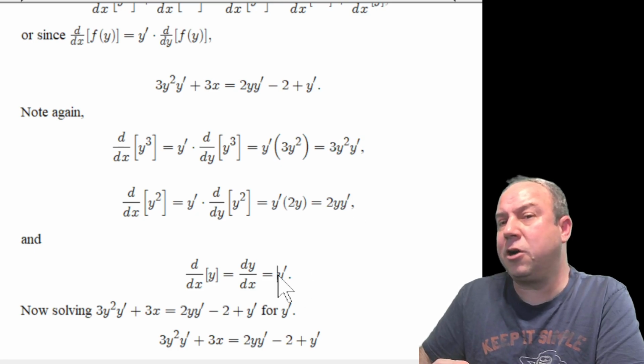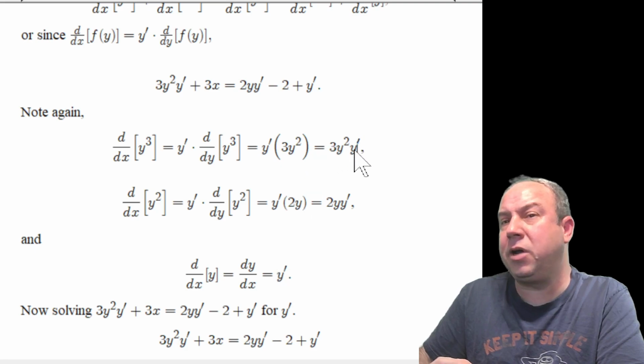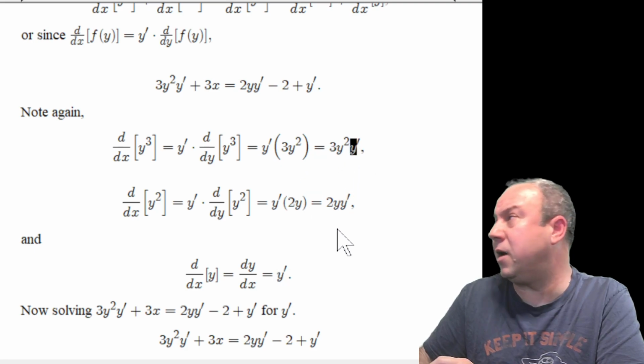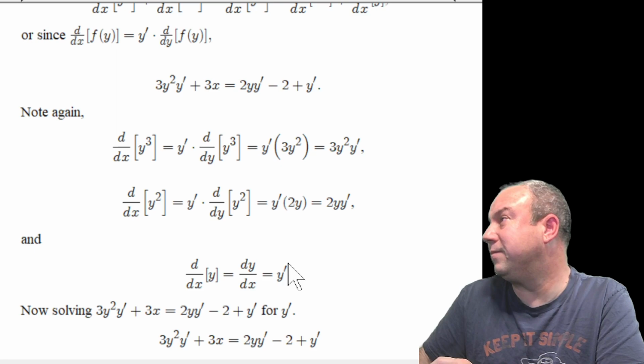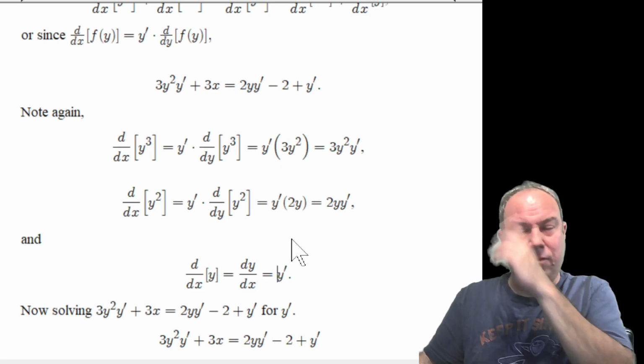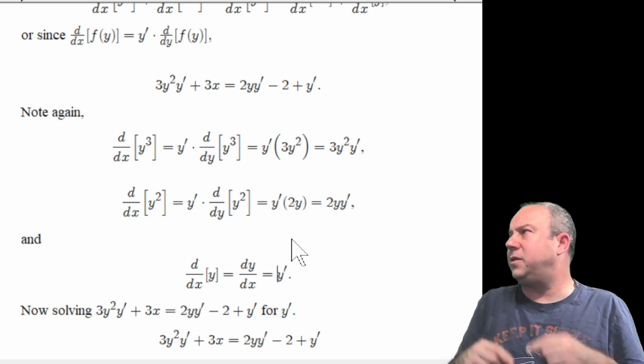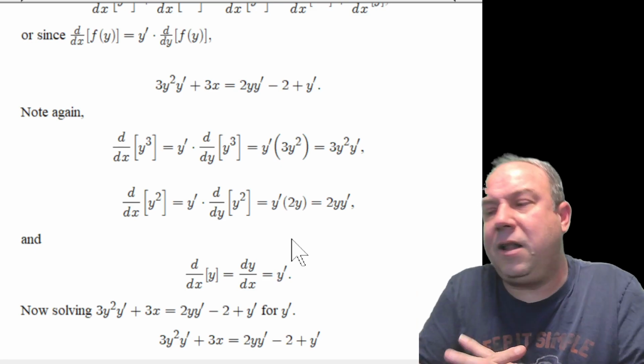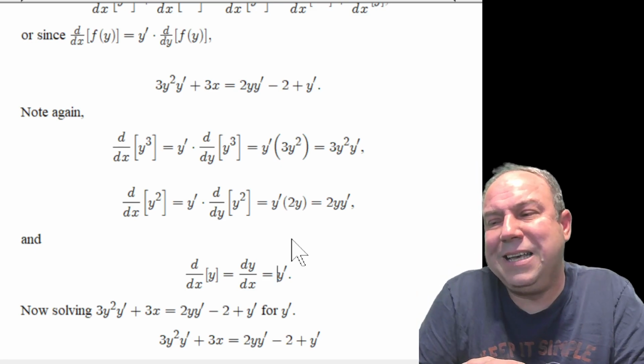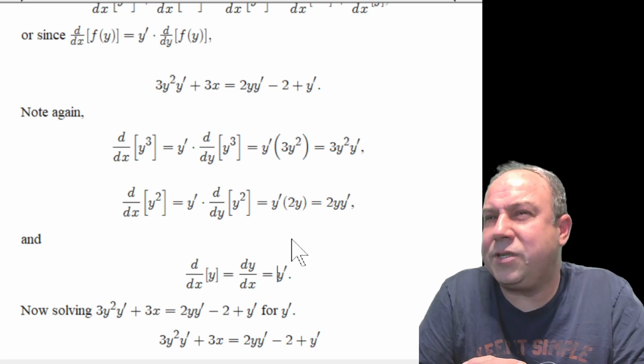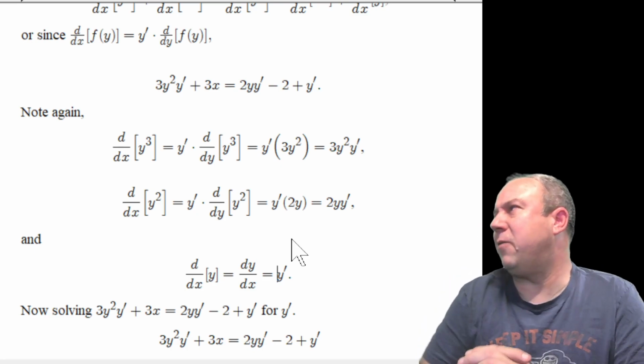Right? But in terms of y, where we have to bring in also this factor of y prime in each case. Take note. So that's where we're going to also see some implicit methods develop for us in an interesting way. I'll say it that way for now.